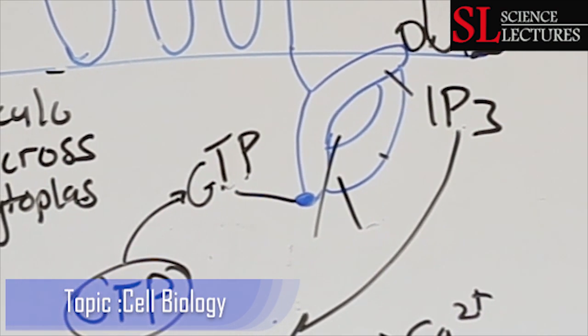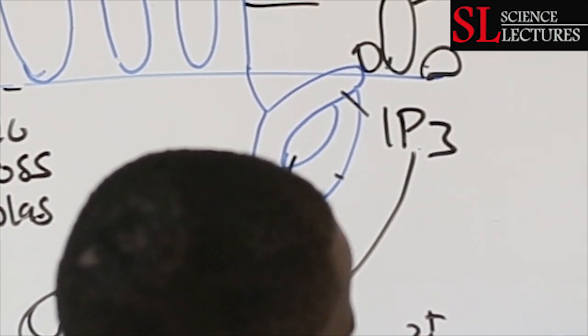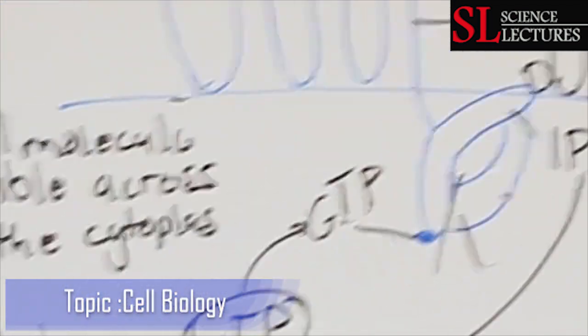So when calcium ions are released, they can trigger different pathways, like depolarization, which is very, very important in generation of impulses.